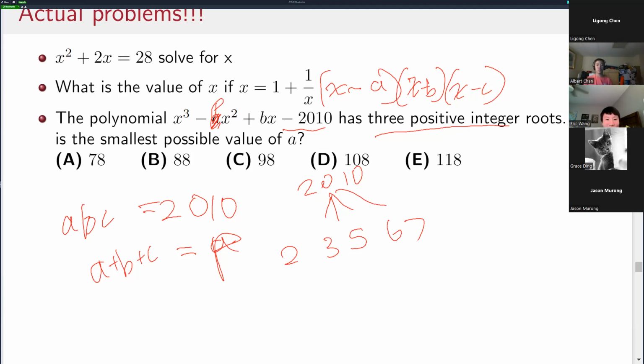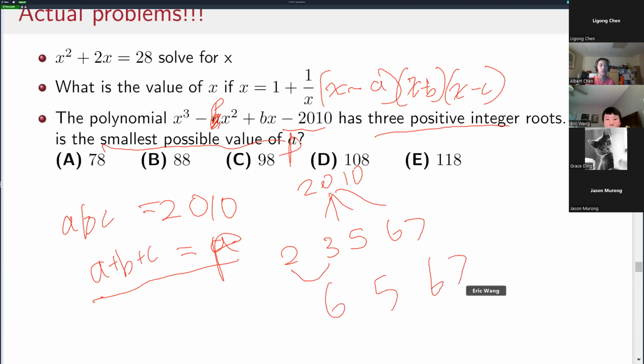And if we want to minimize p, we want the sum of the roots to be minimal. And that only occurs when we multiply the first 2 roots to get 6, 5, and 67.